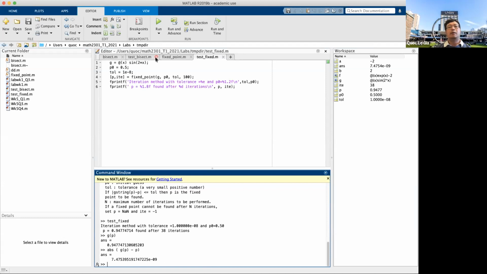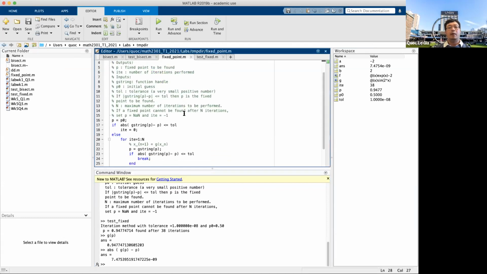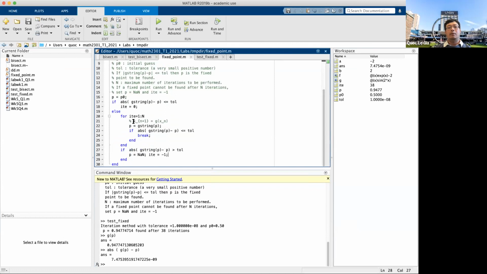Yeah, so this is how we implement fixed point method. So this is the key formula. Okay, so x n plus 1 equal g of xn, but because we reuse the variable, we just put everything in P. So you apply g to P, and then you get out the new values and you put in P again, and you just check whether less than the tolerance. That's it.